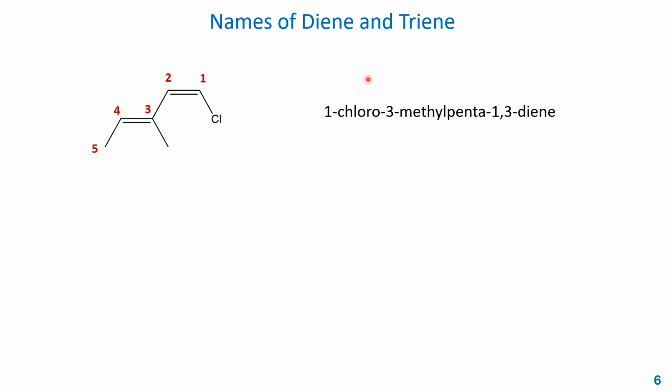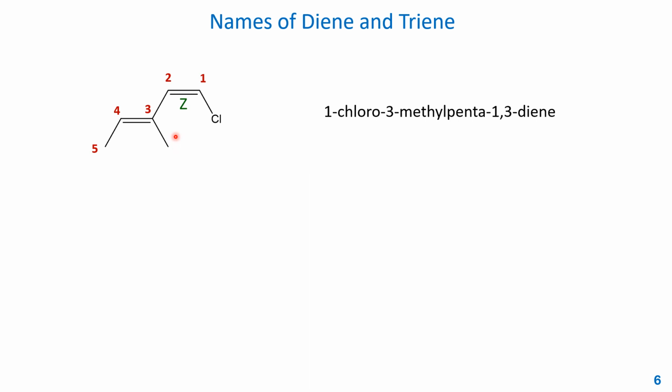Now worry about the Z/E isomer. For the first double bond, we have a chloro and hydrogen, so chloro is higher. The other carbon has hydrogen and this whole vinyl group, so that whole group is higher priority. So for the first double bond, it's a Z isomer. Now look at the second double bond.